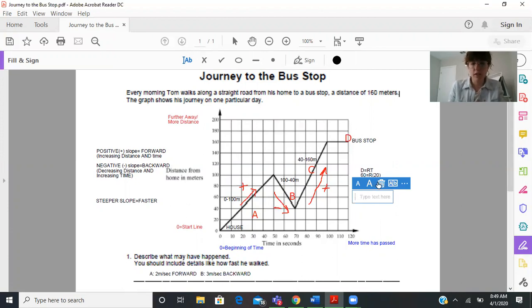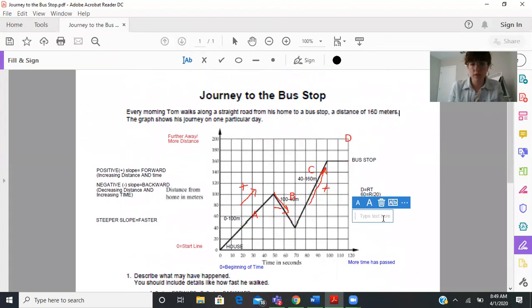Now for section C, I go from 40 meters to 160 meters. So my distance is 120 meters. I don't know my rate, and the time it takes is from 70 seconds to 100 seconds. So the time is 100 minus 70 is 30.